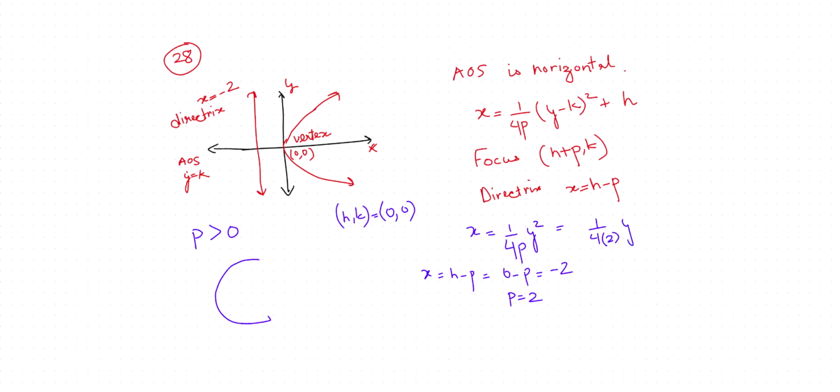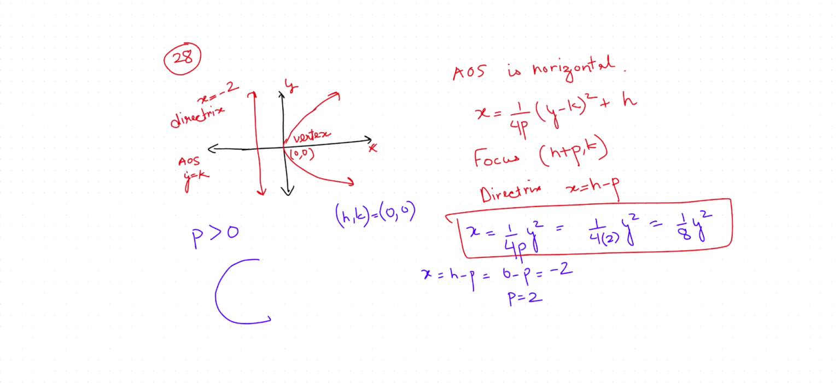So we get the value 1 by 8 y square. So this is our equation of the parabola, 1 by 8 y square. Okay, now let's find the focus. So we see that this distance was 2.